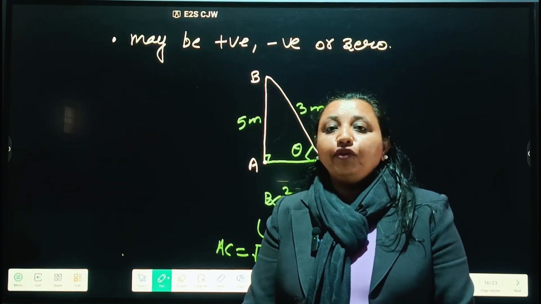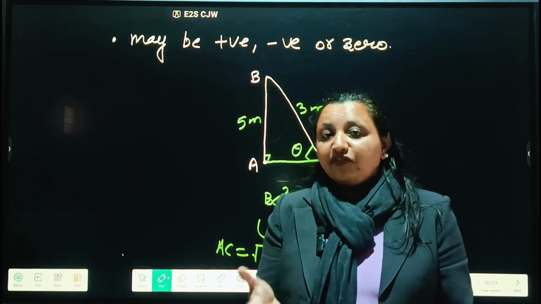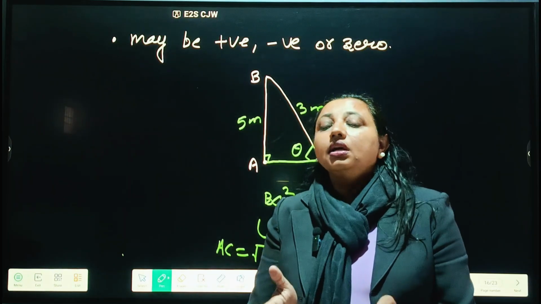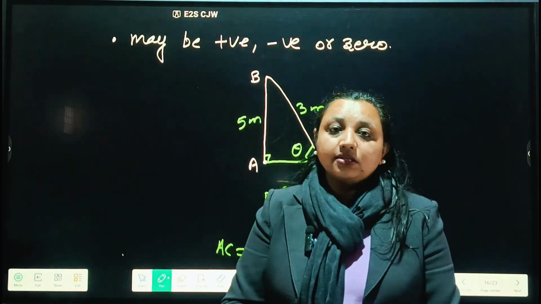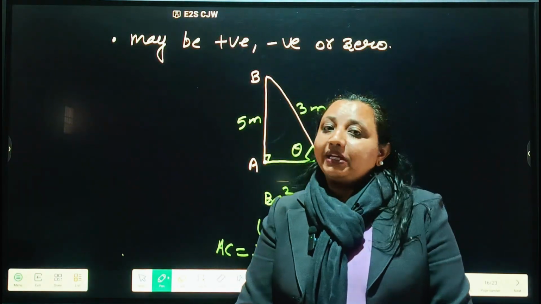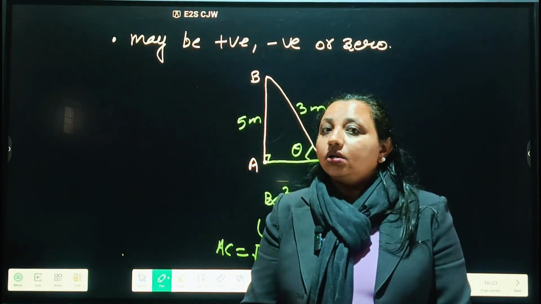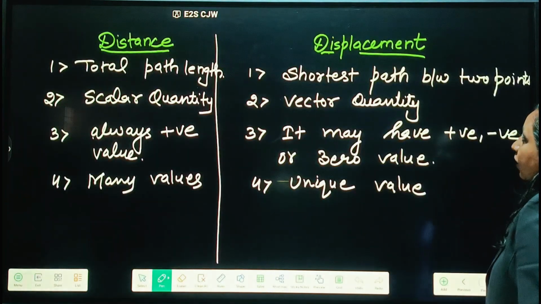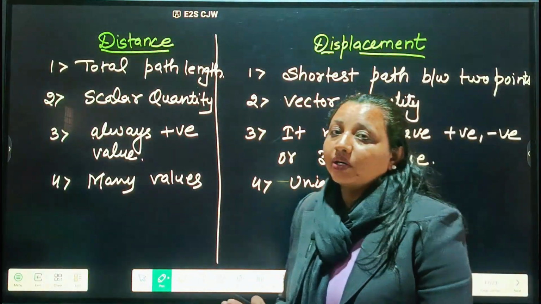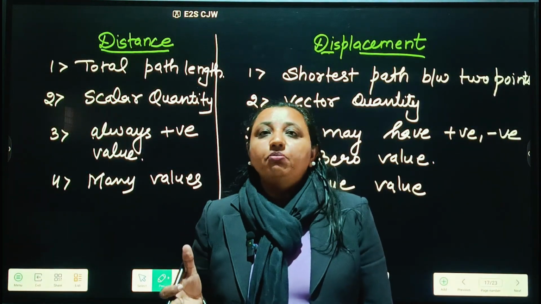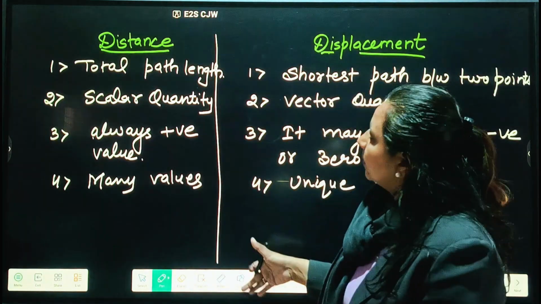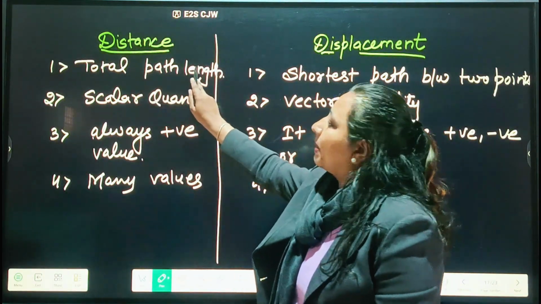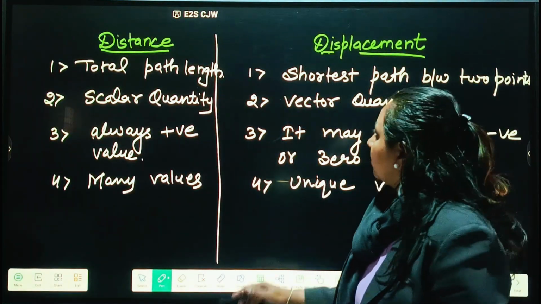0 if we take a cyclic path. If an object is moving over a cyclic path, then in that case displacement is equal to 0. So displacement may be positive, negative, or 0, but distance is always positive, right? If we differentiate, this is also very important. When we differentiate between distance and displacement, distance is the total path length covered by the object.